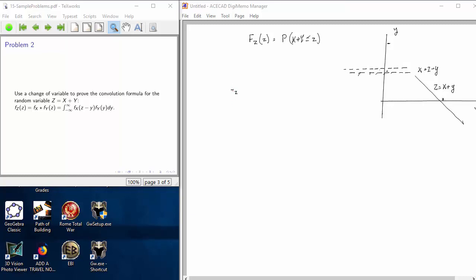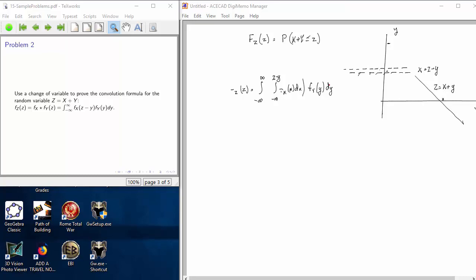So the distribution function is the result of integrating over y from minus infinity to infinity, the result of integrating from minus infinity to z minus y, that's over this strip, the density function for the random variable x. Having done that, I multiply by the density function for y and integrate over y.